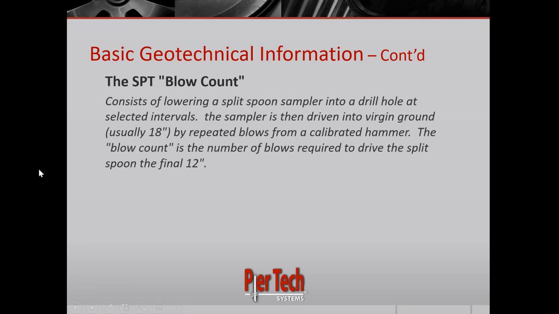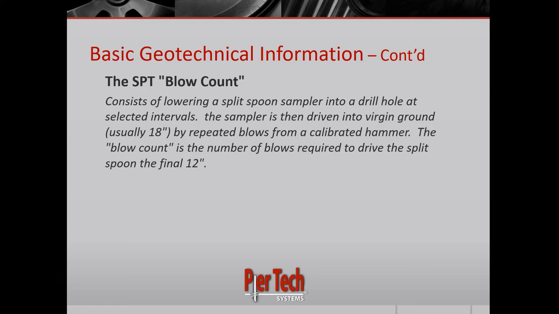One of the key sampling methods within this is called the split spoon sampler test, or the SPT, standard penetration test. This involves putting a sampler in the ground that will split in half. A hole is drilled at selected intervals, typically a 4-inch diameter hole with a hollow stem auger. The sampler is dropped in at specified depths and hammered into the ground with a calibrated hammer.